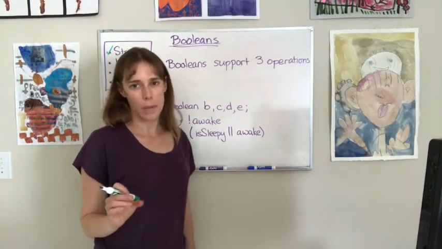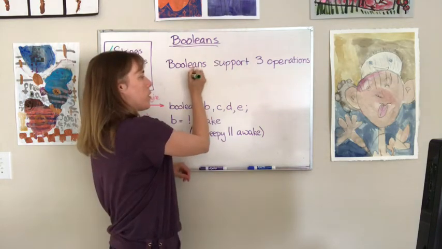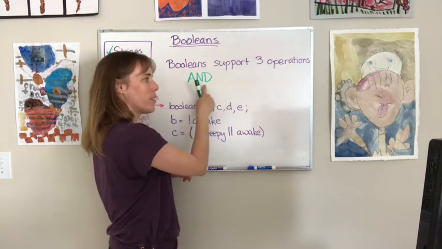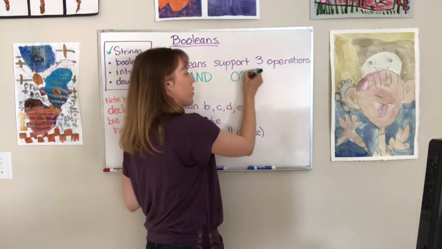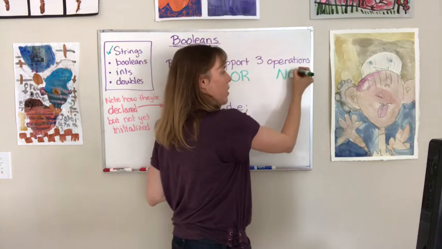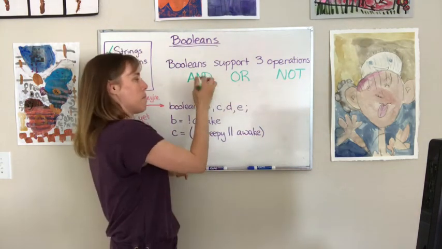There are 3 operations that you need to worry about with Booleans. You can take a true and a false and say, if this is true and this is false, then what? You could check to see if this is true or if this is true. And the other one is not. If you know that this is not true, what happens?